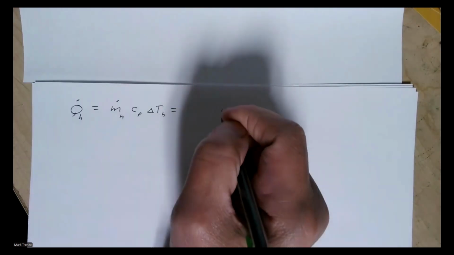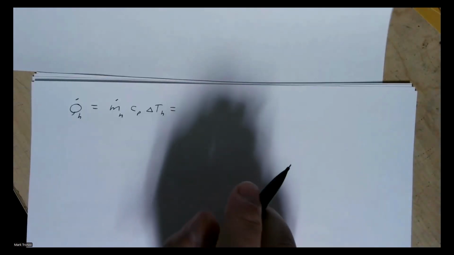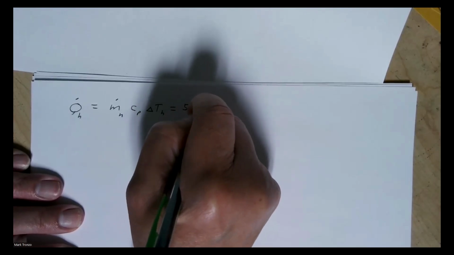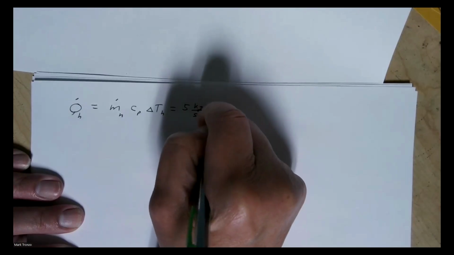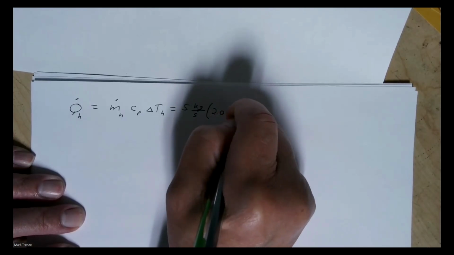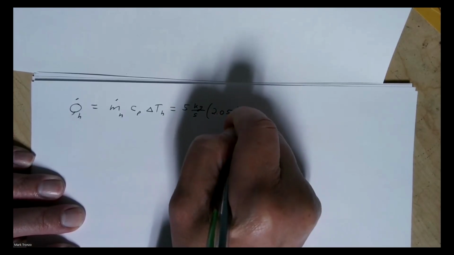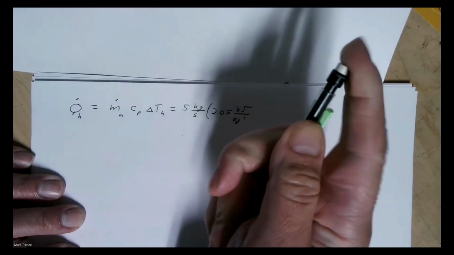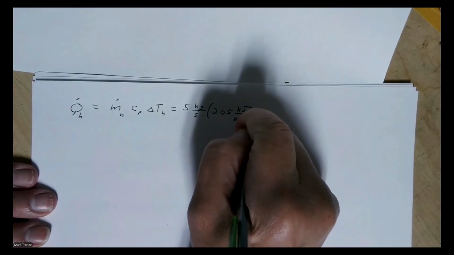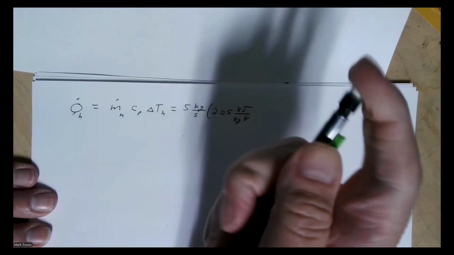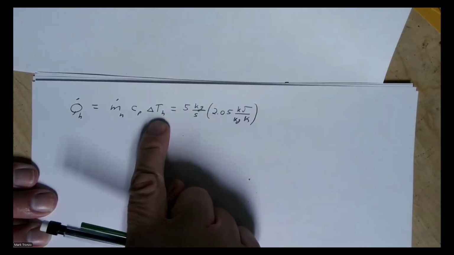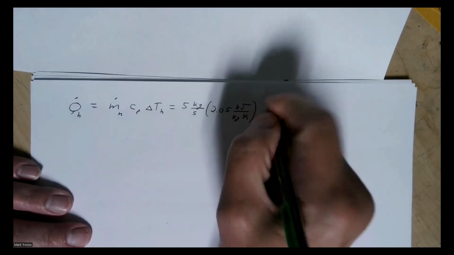And in this case, the hot fluid was 5 kilograms per second. And Cp of the hot fluid was 2.05 kilojoules per kilogram K. And of course, remember, temperature differences are going to be the same for Celsius or for Kelvin. So we don't have to convert the temperature since we're taking the difference.